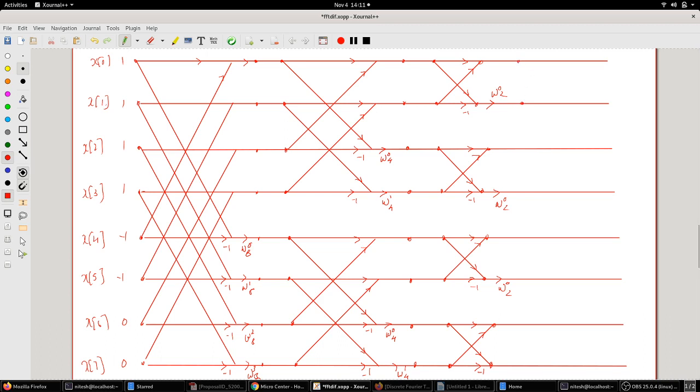So this will be my outputs. Here the outputs will be, this one will be x of 0. This will not be out of order, right? The way we explained the bit reversal method, you will get the same order.